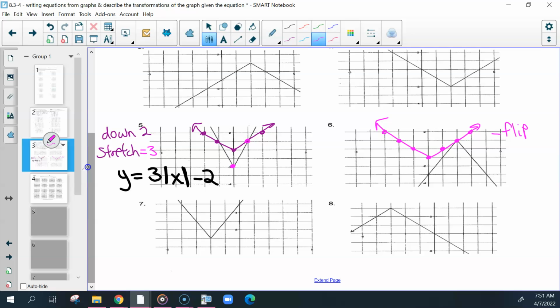It was moved up 2 and right 2. And it looks like it got narrow. So if I count that scale, this is going down 2 to the right one or up 2 to the right one. So our scale for that would be 2.